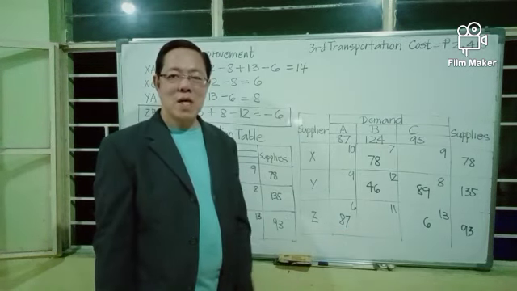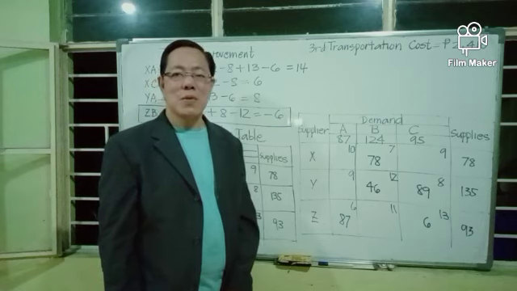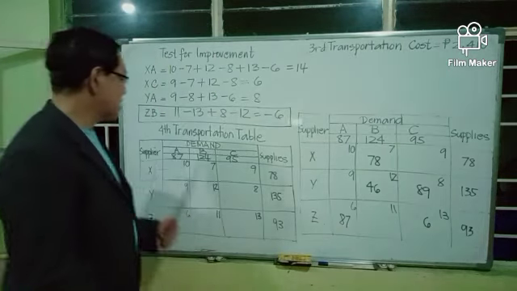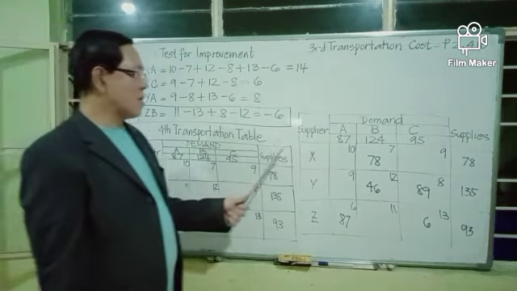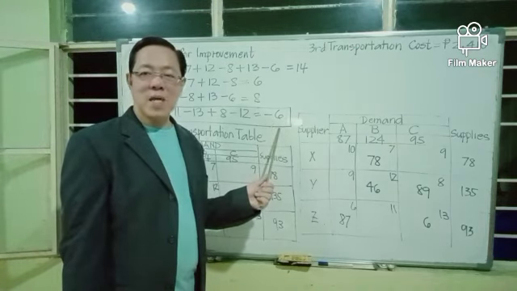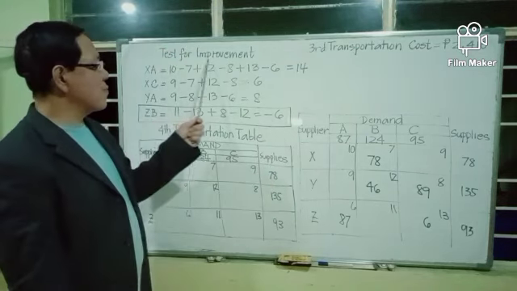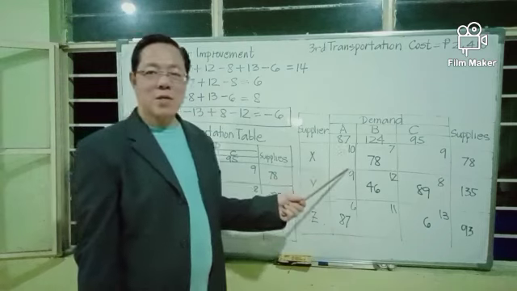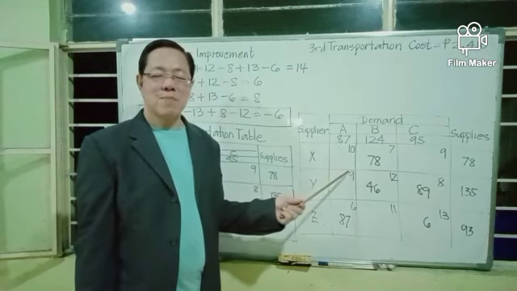So now we know that we have to construct the fourth transportation table because we still have a negative net cell cost in the test for improvement for the third transportation table.